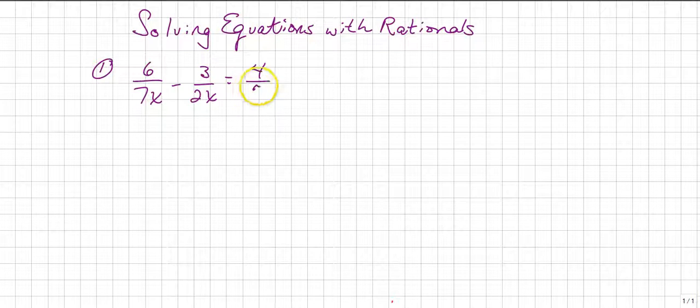Now there's more than one way to do anything in math, so what I would recommend is this method, which I'm about to show you, versus what I see some people do, which is get a common denominator and combine the two fractions together first, by using a common denominator of 14x. Now, I'm not going to do it that way.